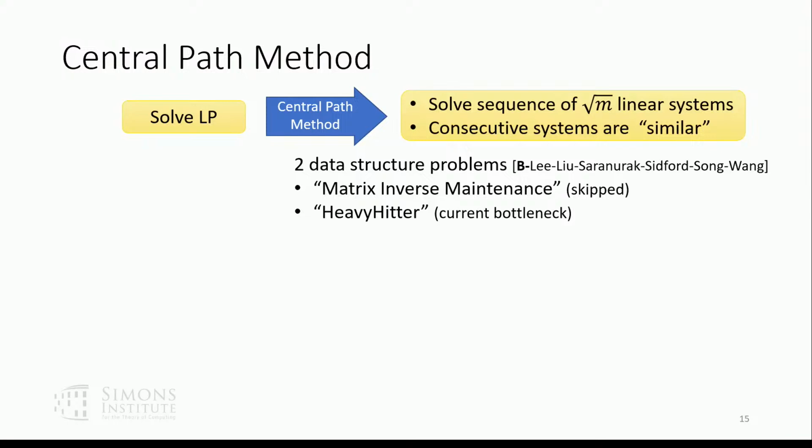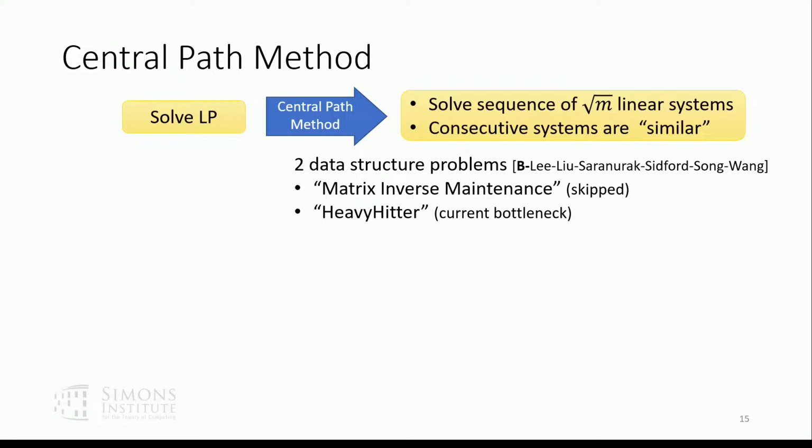So that's precisely where you would want to use some kind of dynamic algorithm that just maintains the solution of your linear system. And in previous work, two central data structure problems were identified. In fact, in this paper, there's basically a reduction that says if you get data structures with certain update and query complexities, you get an LP solver with certain complexities. So if you wanted to, you could just write data structure papers and get maybe faster LP solvers.